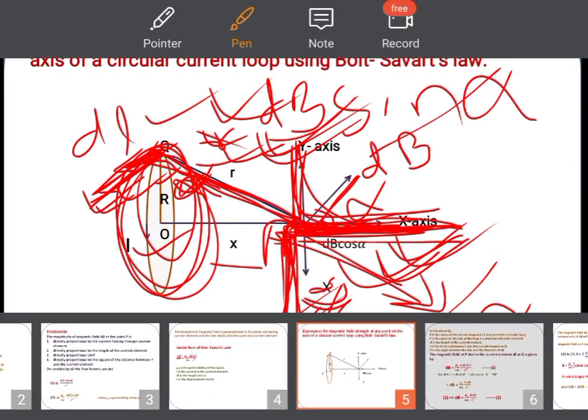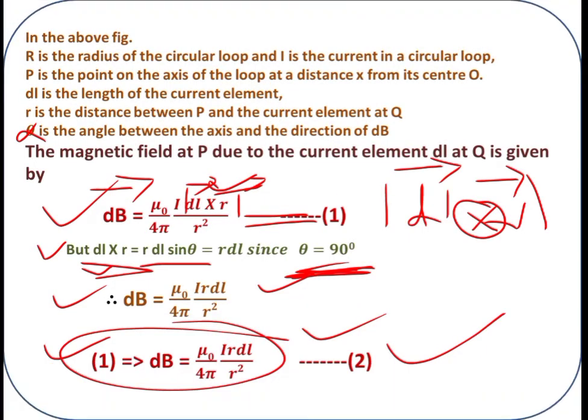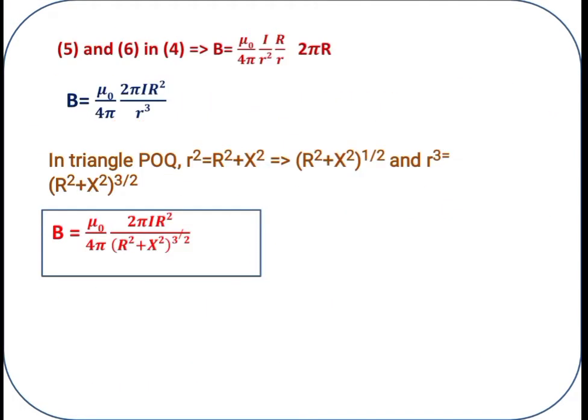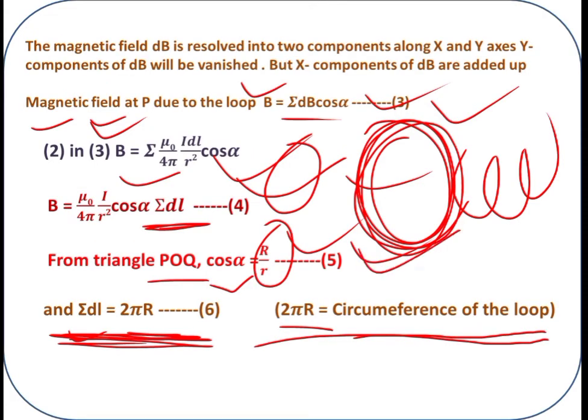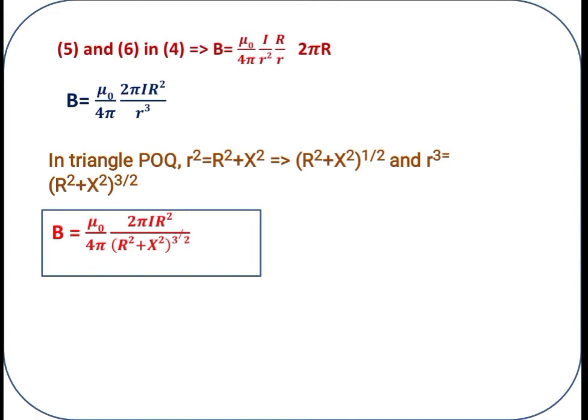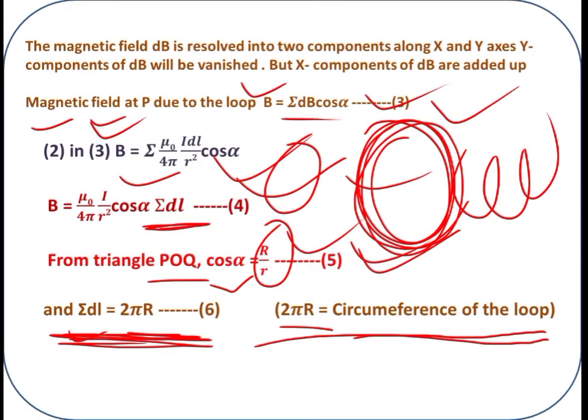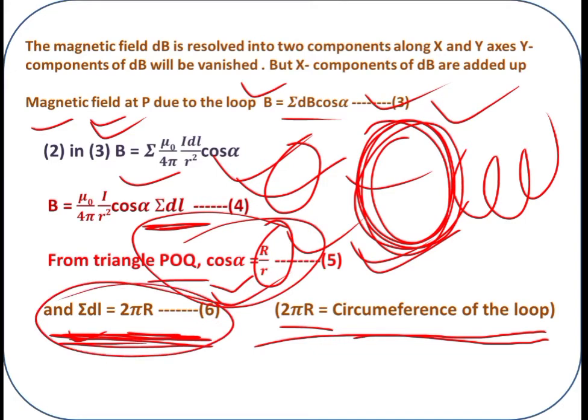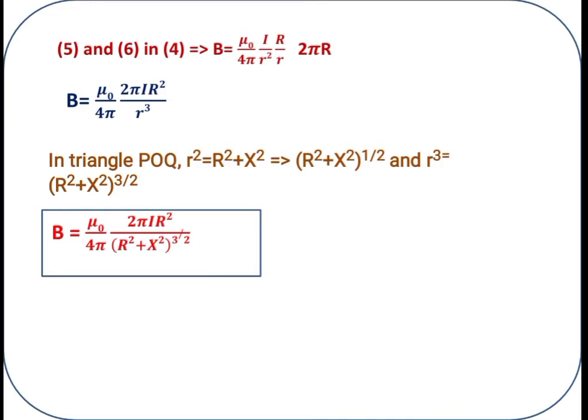Now substitute the values and simplify. Equation 5 means this equation, and 6 means this one. Cos alpha and dl value, that is 2 pi r, both we have to substitute in equation number 4.